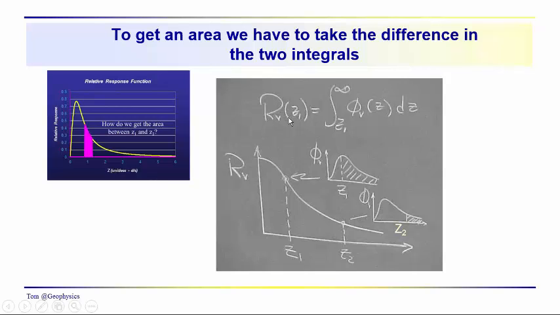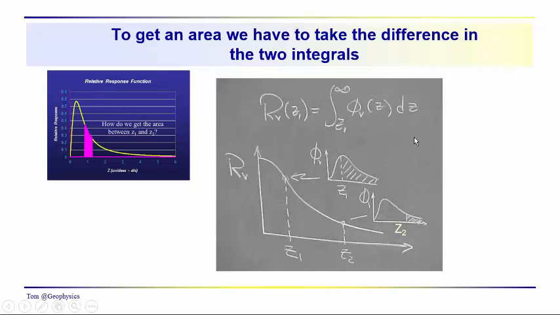However, the approach that McNeil outlines for us, because it turns out to be much simpler than doing that integration of phi between limits of z1 and z2, is that it's much easier to calculate RV of z from z1 to infinity of phi V of z.